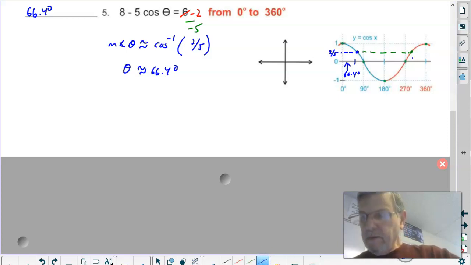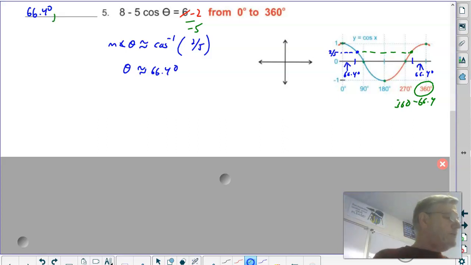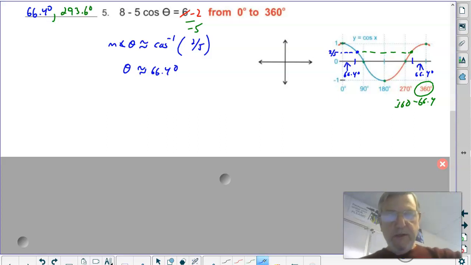Now again, be careful. In here is the 66.4. So therefore take the 360 and subtract from it the 66.4. And what is that? 293.6? 293.6 degrees. Let me show that to you with the radial view.